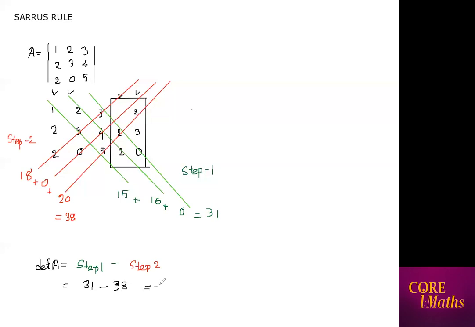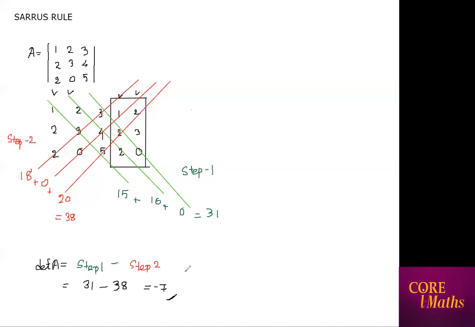So the ultimate answer is minus 38. Sorry, minus 7. 31 minus 38 is your minus 7. So in this way you can find the value of the determinant using Sarrus rule.